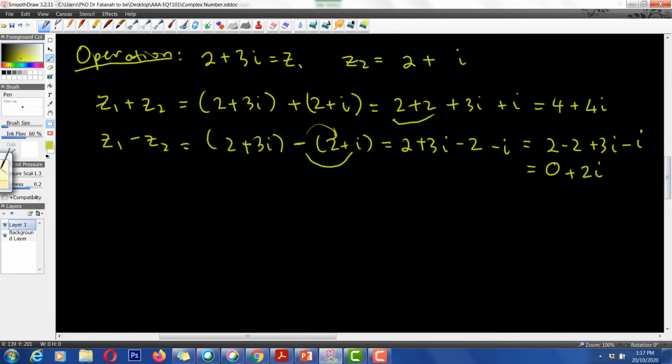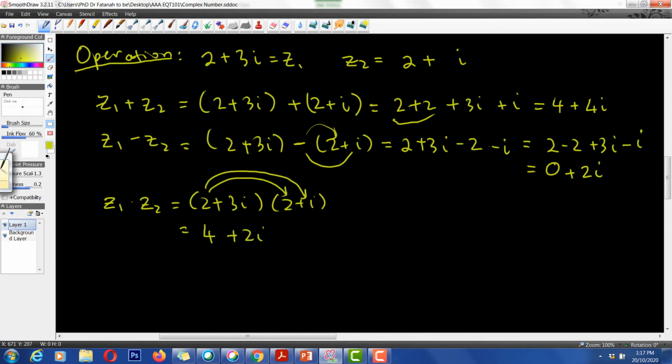Next, multiplication. For multiplication, we multiply z1 by z2. So we have 2 plus 3i times 2 plus i. First we multiply these terms, so we have 4, and then we multiply 2 with i, 3i times 2 is 6i, plus 3i squared.